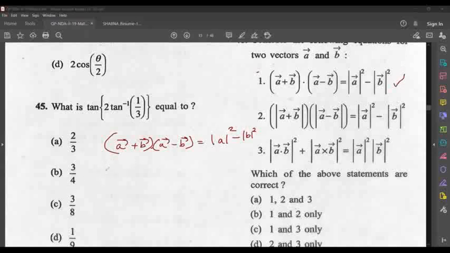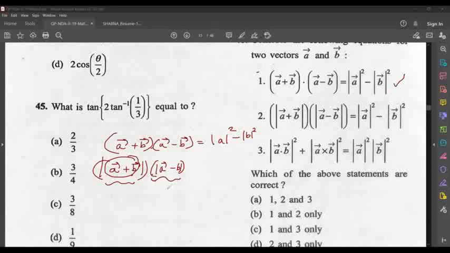What about the second equation? The magnitude of a plus b, into the magnitude of a minus b. The magnitude of a plus b means we first add a and b, then take the magnitude, the root of x square plus y square plus z square.